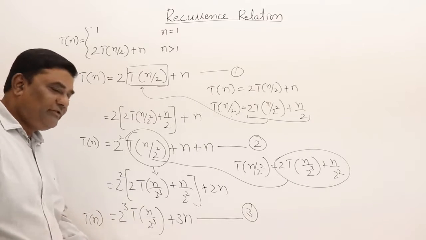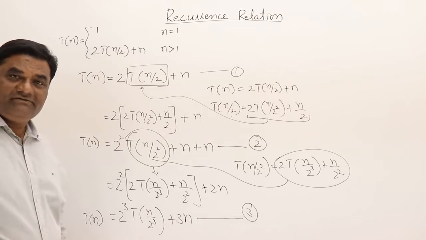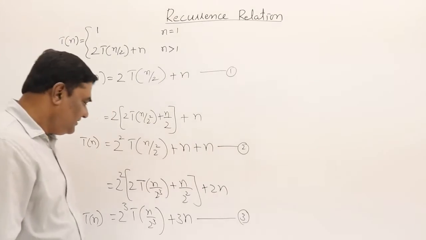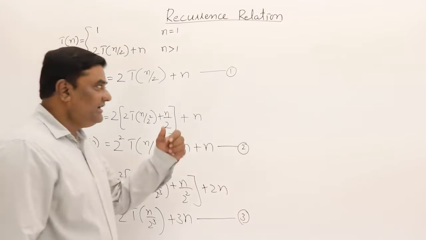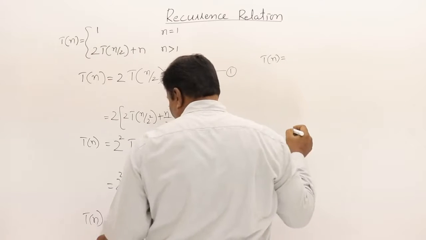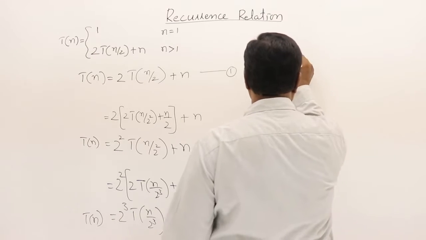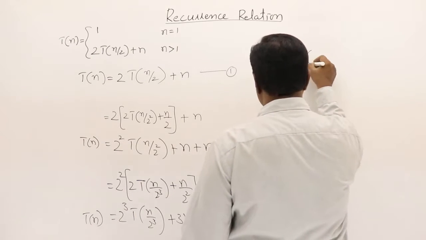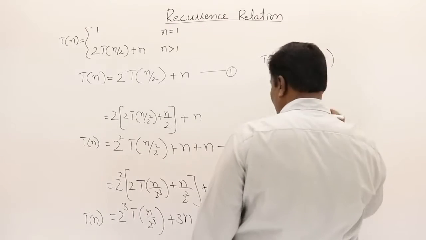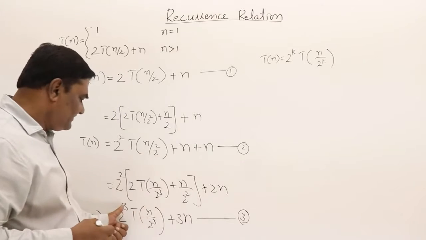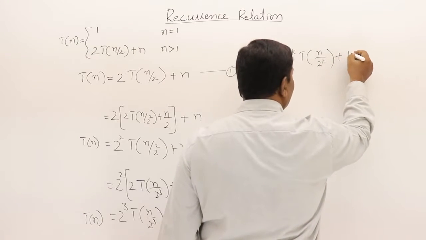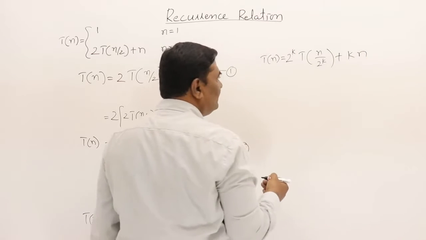Now if I continue this for k times, I'll repeat this for k times. If this is continued for k times, then T(n) will be 2^k T(n/2^k) plus kn.